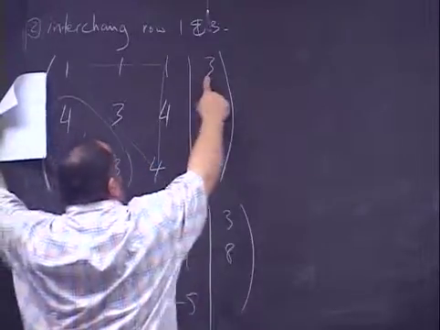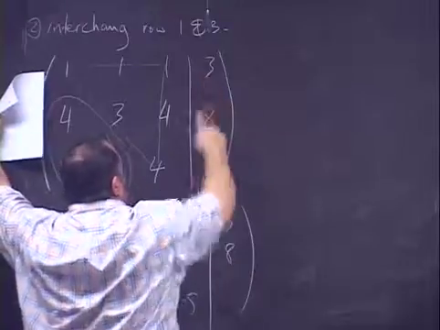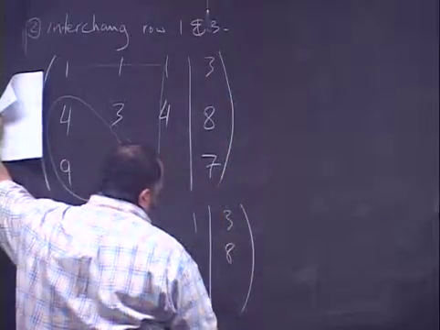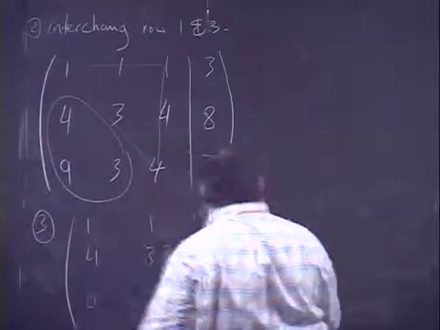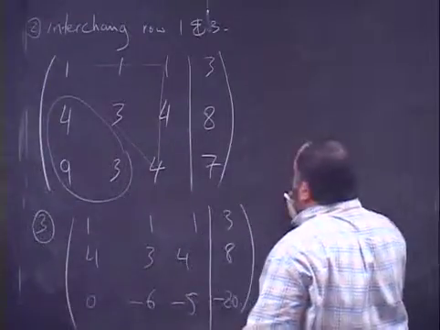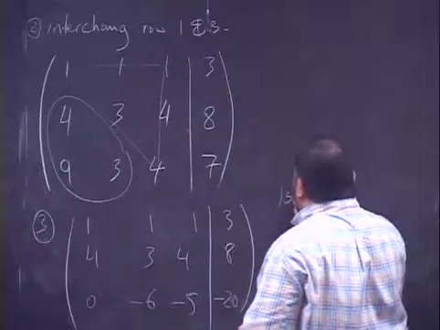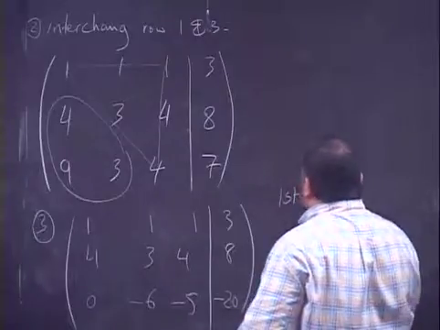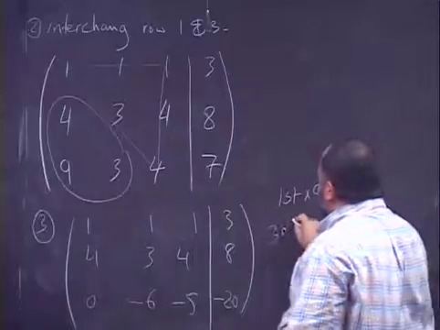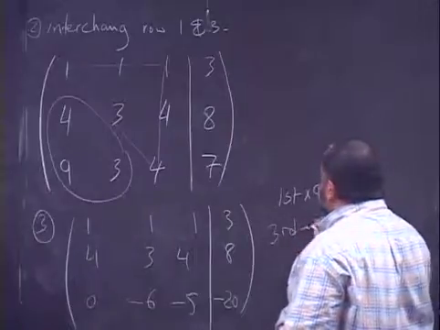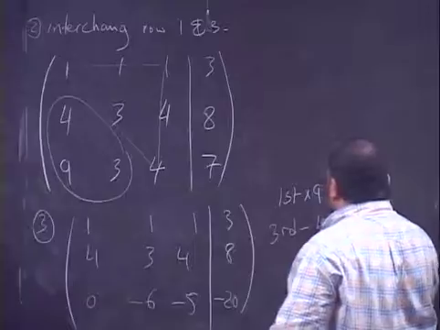And 9 multiplied by 3 is 27, and 7 minus 27 is minus 20. So this is the operation that we did here: we multiply first by 9, then we subtract, third minus first multiplied by 9.